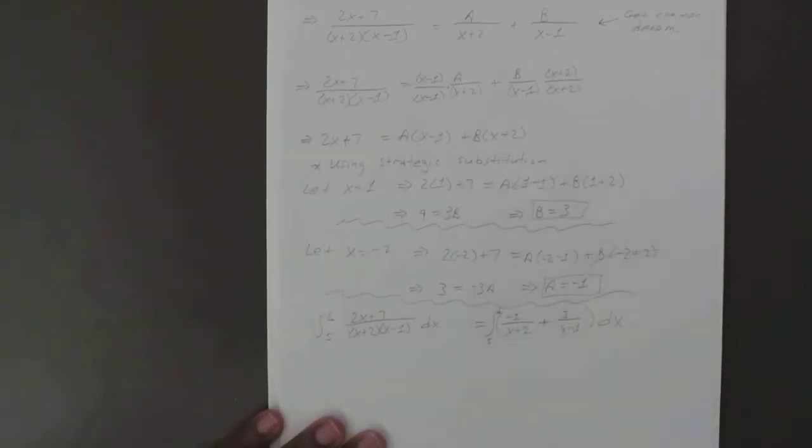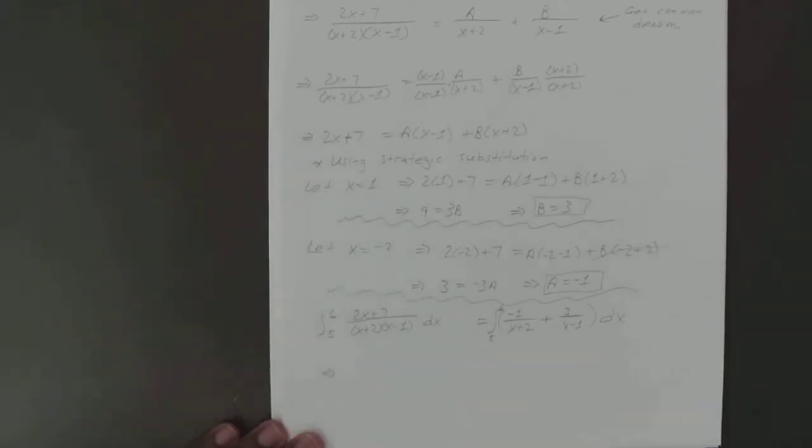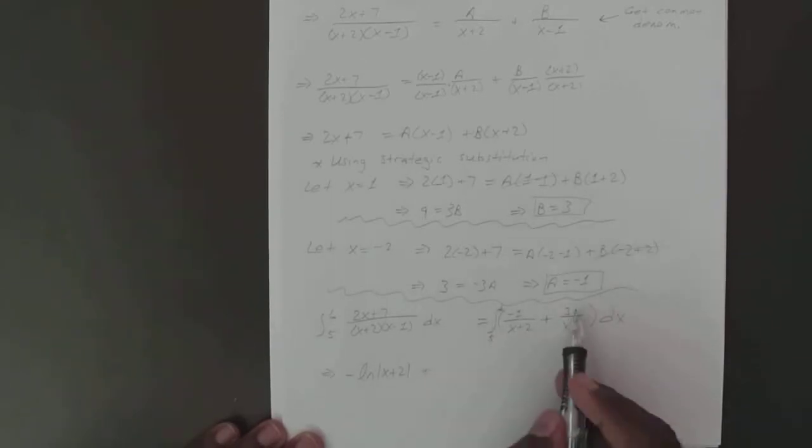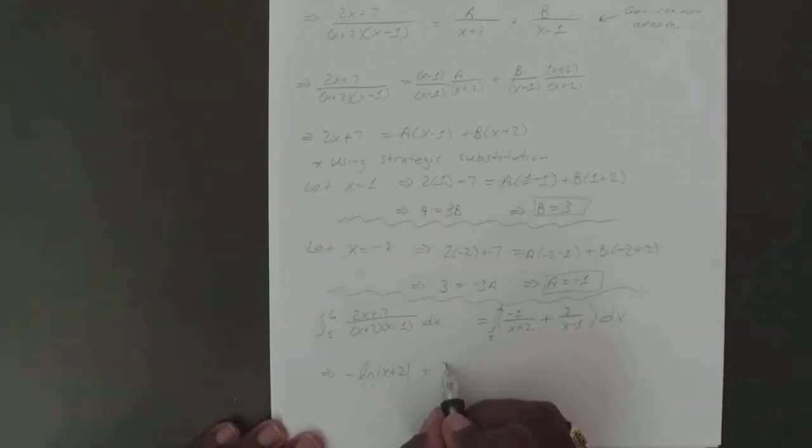All right, so if we integrate both of those separately, bring that negative 1 down, it's actually negative natural log of the absolute value of x plus 2, plus, bring our 3 down, 3 times the natural log of x minus 1, from 5 to 6.